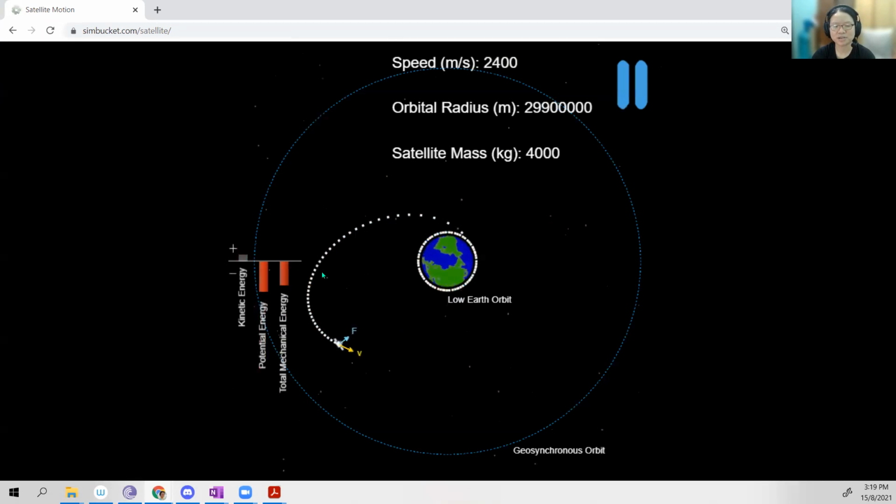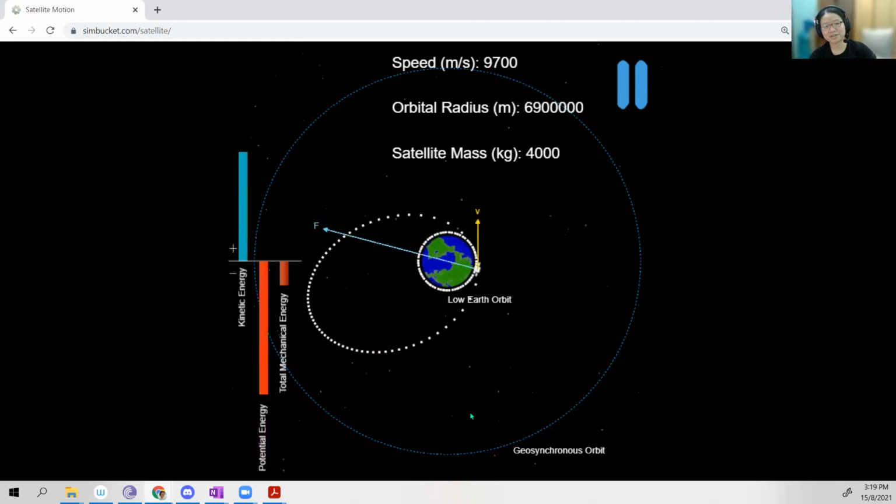You can see the dotted points here are very close, like your ticker timer, which means it's slowing down. But then it's accelerating again, and then it's accelerating very quickly. So it takes the shape of an ellipse.